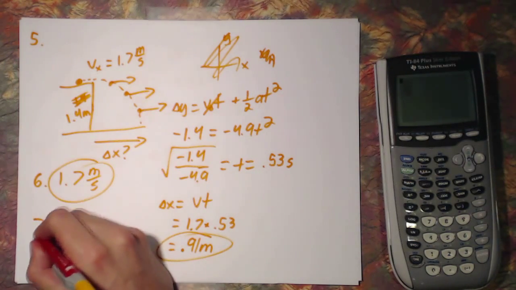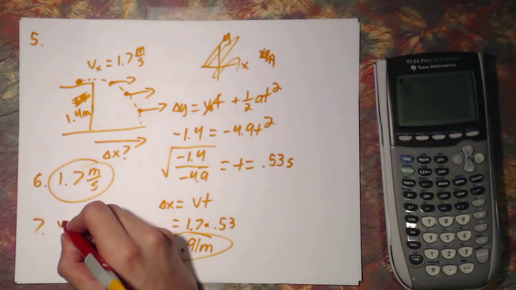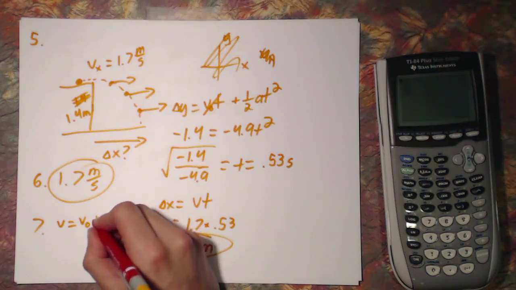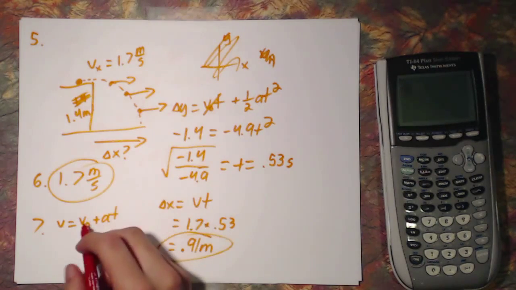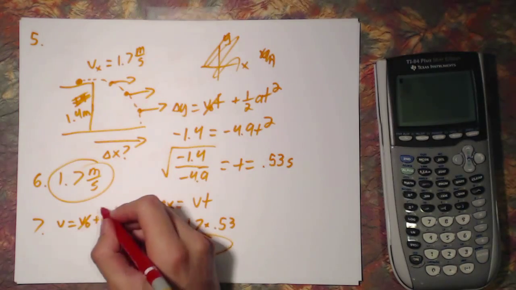Now question 7 asks, what will the final vertical velocity of the ball bearing be just, sorry, reading the wrong problem. Question 7 says, what will the final vertical velocity of the ball bearing be just before it hits the floor? So for this, we're going to want to use velocity equals v naught plus at. And since this is only vertical velocity, there is no initial velocity.